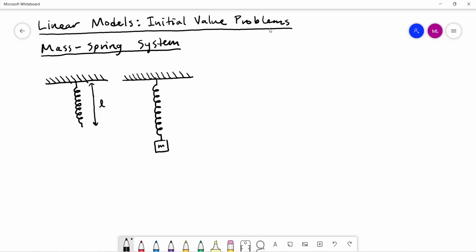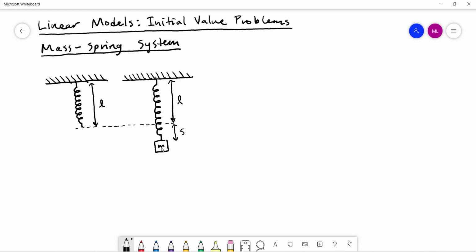Now the length that used to be, if I do a dotted line here to indicate the old length, here's the old distance L. And we've stretched by an additional amount here that we can call S. Now, if we were to let the mass come down to this height and hold it there and let go, it would be hanging at this equilibrium position where we have the force of gravity pulling down on the mass, but the force of the spring pulling up on the mass, so that the mass is not moving.